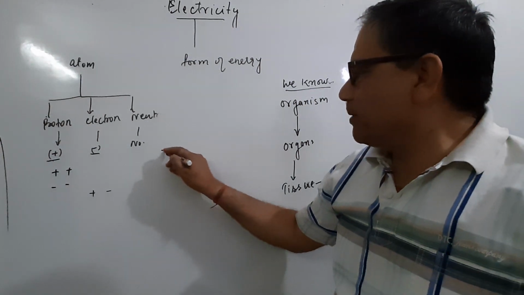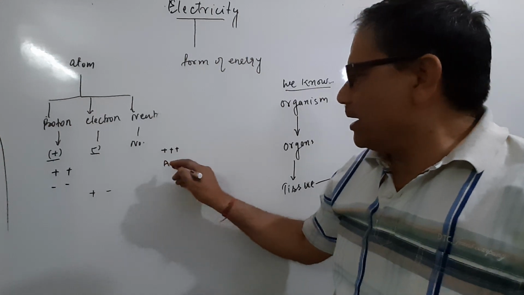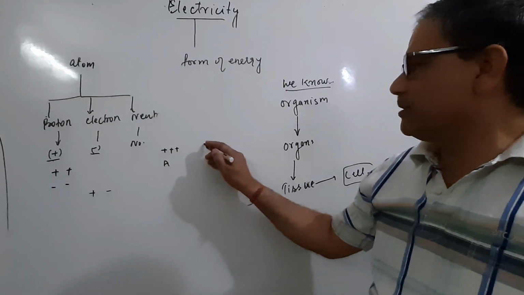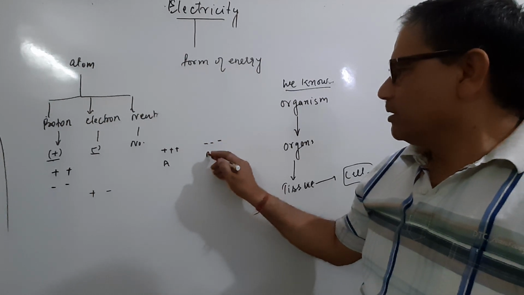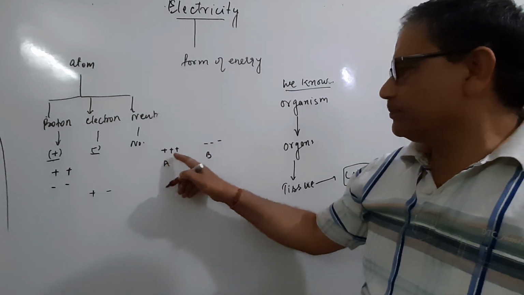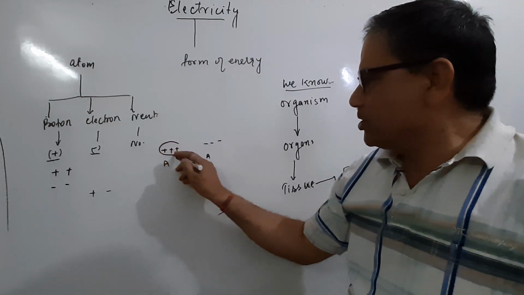If an atom contains 3 positive charges and 3 negative charges, it is neutral.